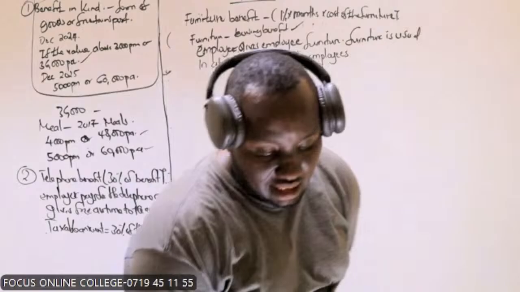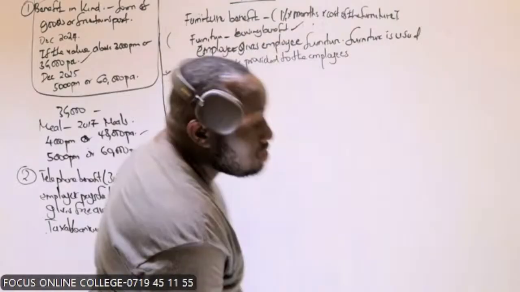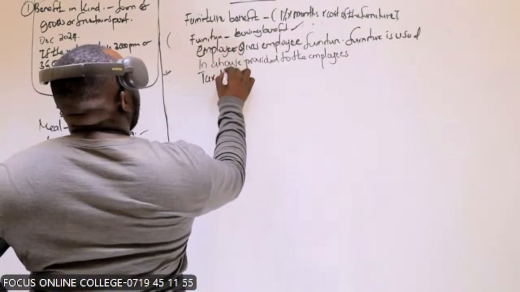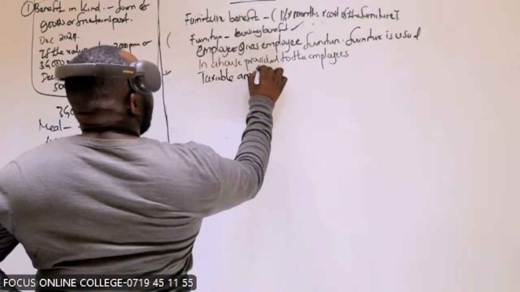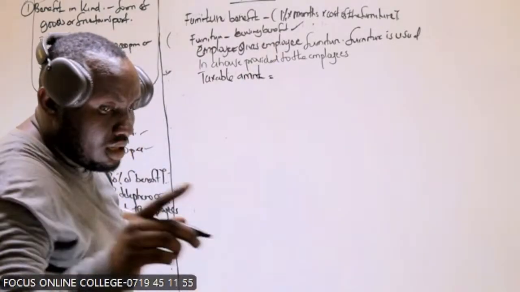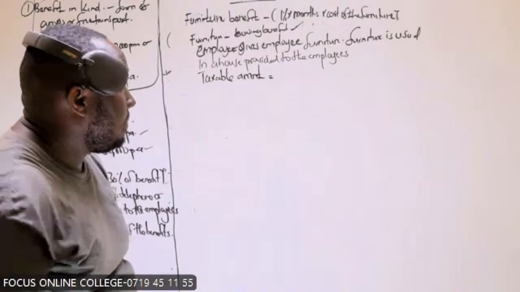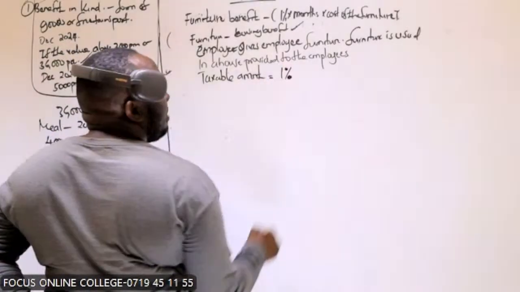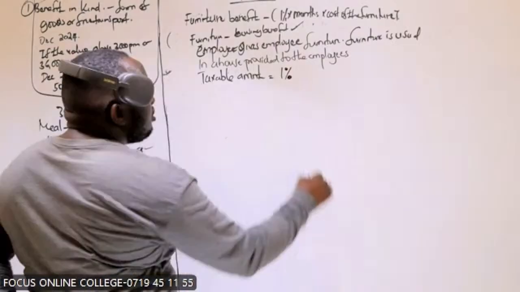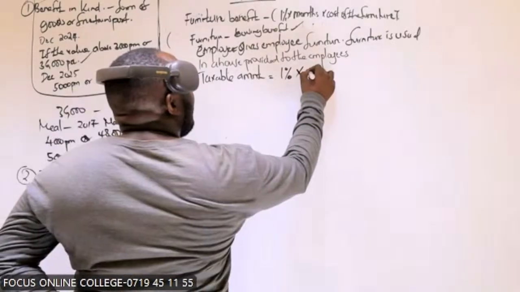So the taxable amount. When I look at the taxable amount, how should I go about it? That should be 1%. Be very keen. Most of the time, people don't look at the number of months.